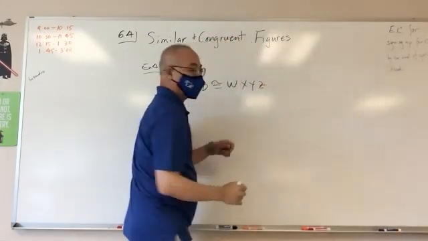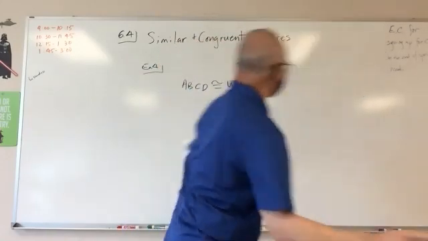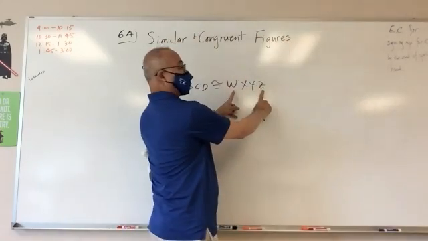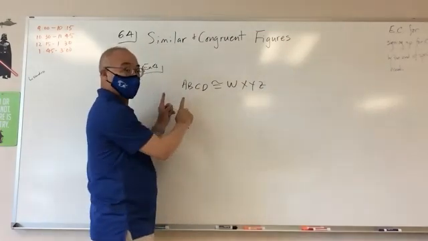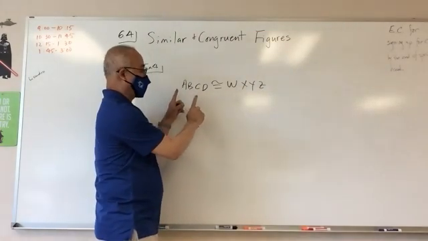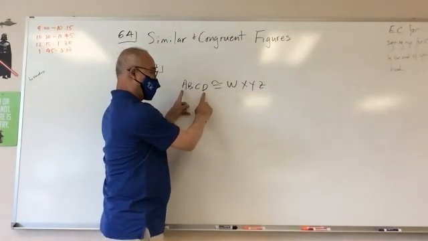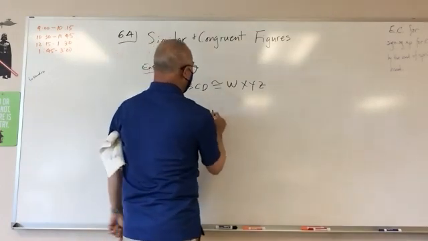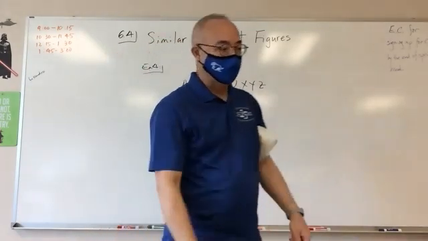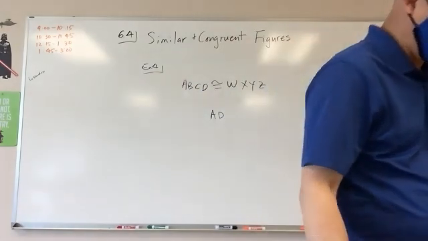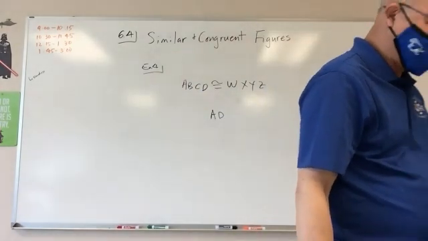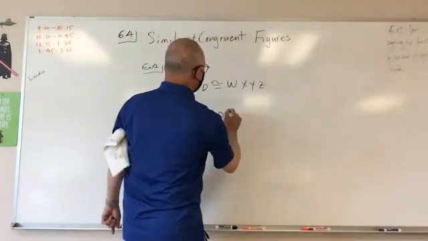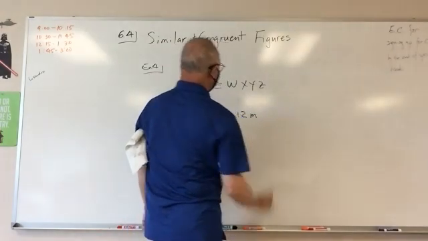So I need the corresponding part to WZ. WZ would be corresponding to what over here? WZ would be AD. AD, correct. So looking at AD, what is it? Elijah, what is AD? It's 12. So AD is equal to 12. Okay, 12 meters, right?